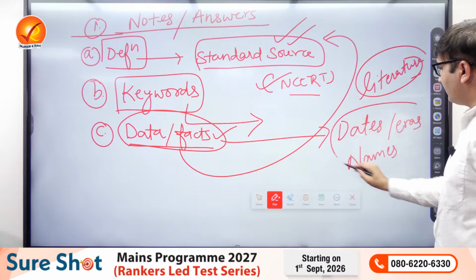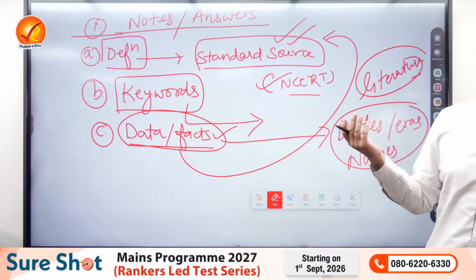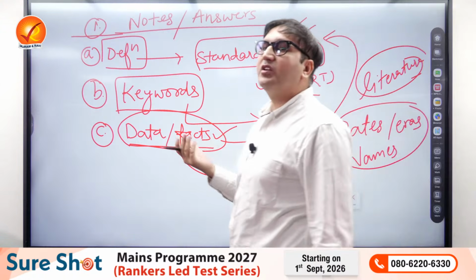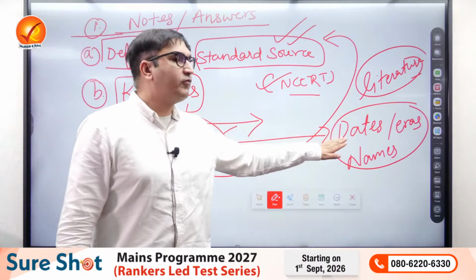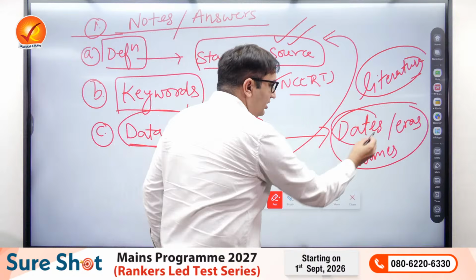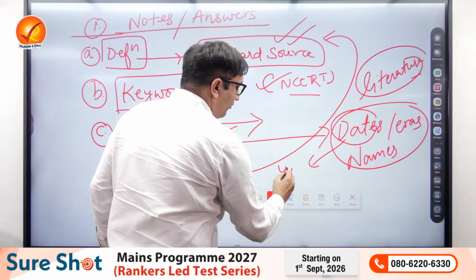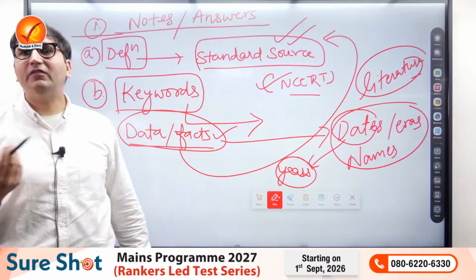These are very important to write in the introduction and in the body. Which book was written by which personality, which dynasty ruled in which era, what were the years. Dates here means years or a span of years. This becomes very important.